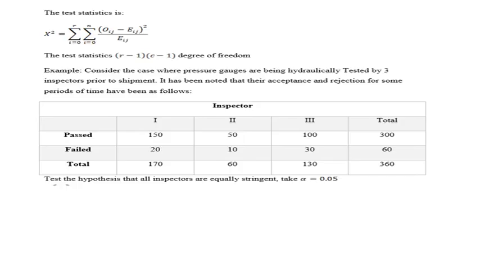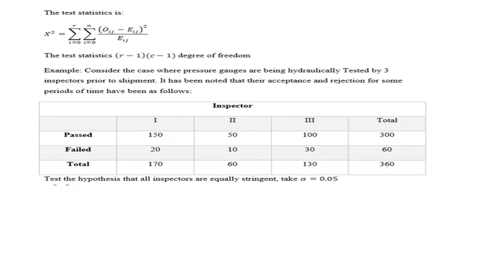Then if we sum row-wise, passed, which is our row 1, we have 150 plus 50 making 200, plus 100, that will give us 300. We have failed, 20 plus 10 plus 30, that will give us 60.